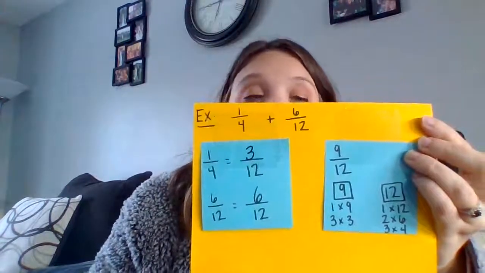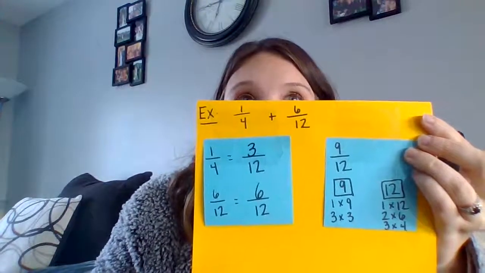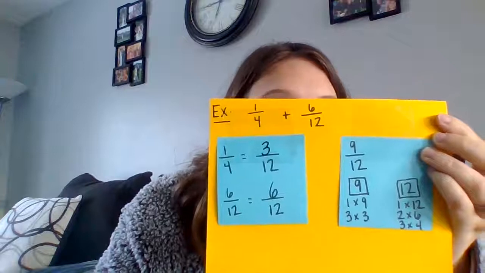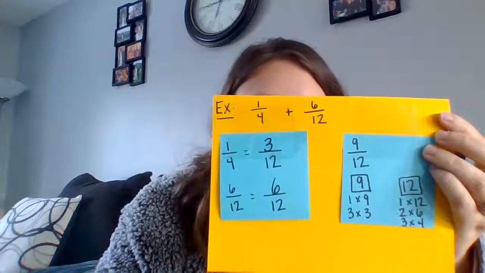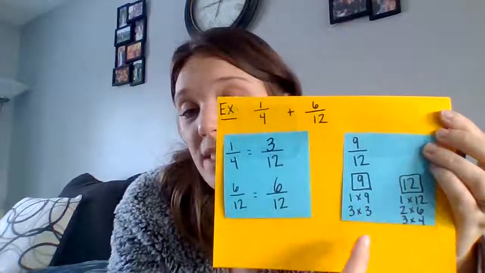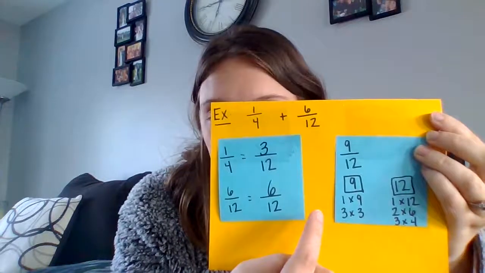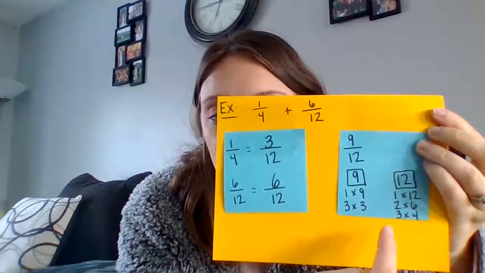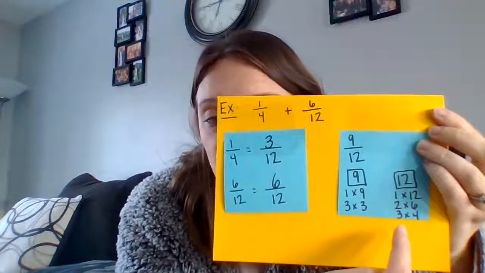I'm going to list the factors of 9 and 12. Factors, if you don't remember, are numbers you multiply to get a product. So I know 1 times 9 is 9, 3 times 3 is 9, 1 times 12 is 12, 2 times 6 is 12, and 3 times 4 is 12.